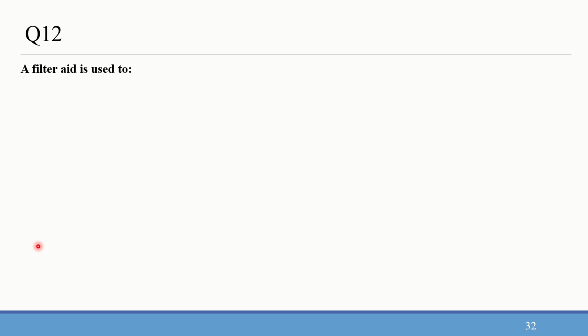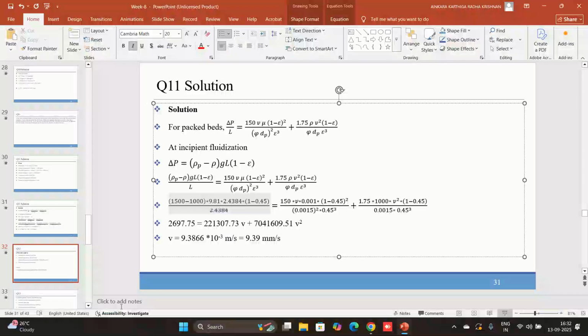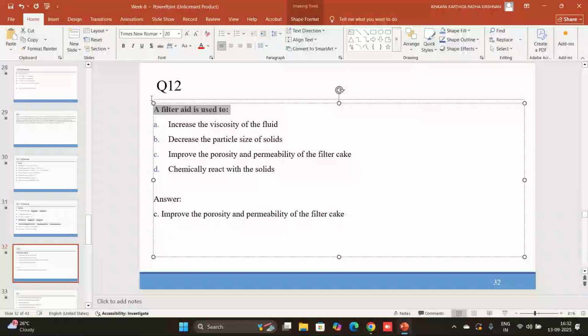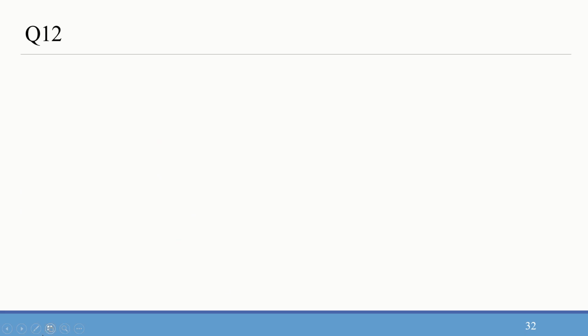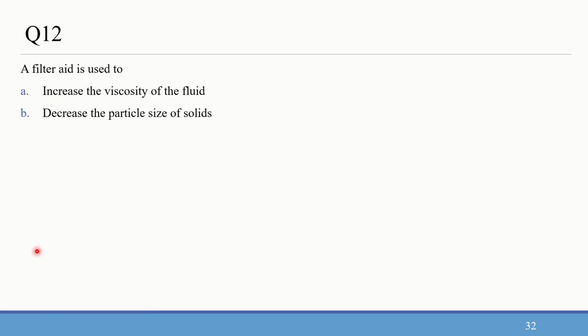Question 12. A filter aid is used to. Option A, increasing the viscosity of the fluid. Option B, decrease the particle size of solids.